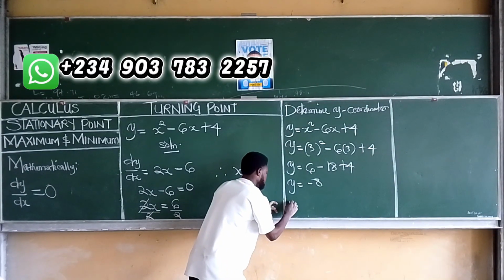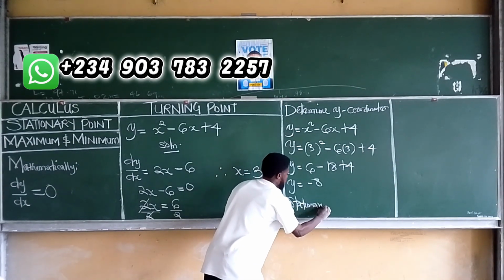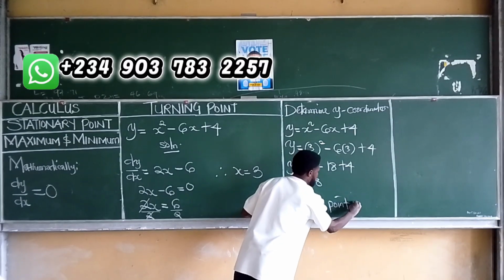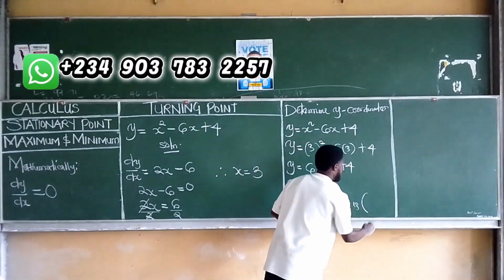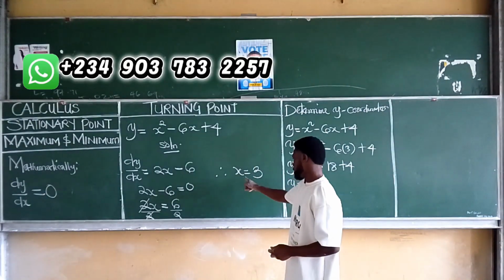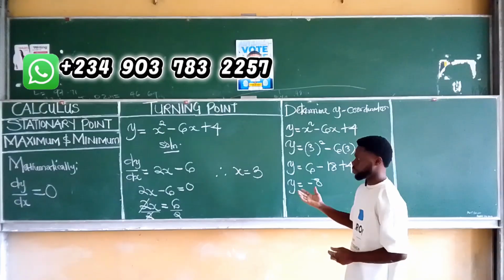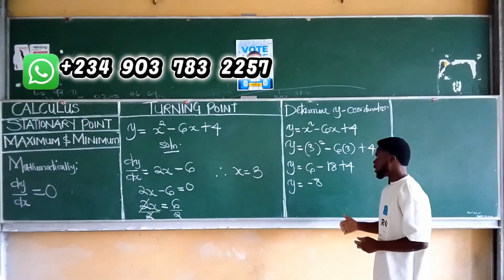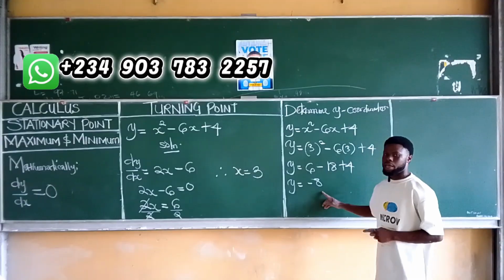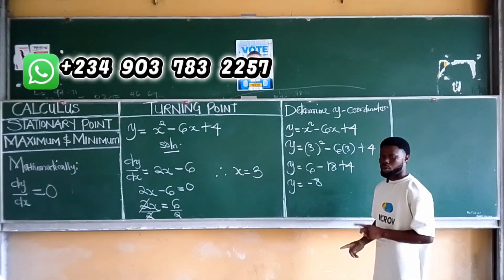Therefore, stationary point is, so at stationary point, x is equal to 3 because dy over dx gives 0 and x equal to 3. Then to determine y coordinates, we obtain minus 8. In every point in the coordinates, it is always x, y.